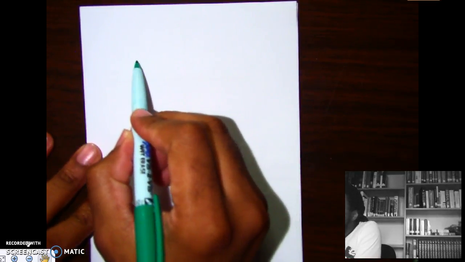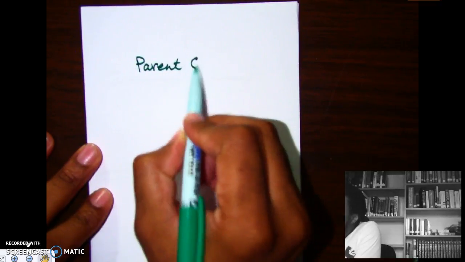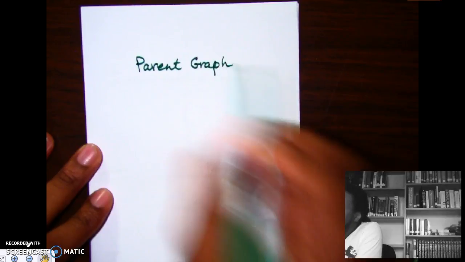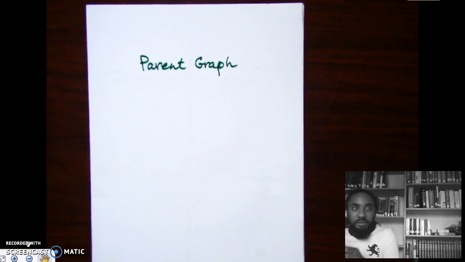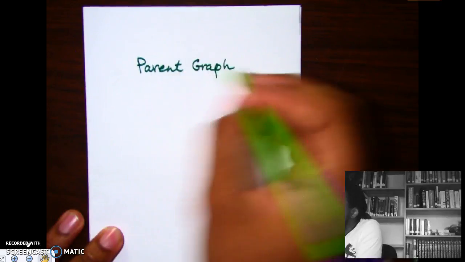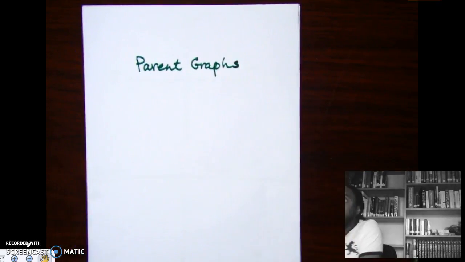The first thing we're going to do on this is write down another definition. So we're going to have parent graphs here, and I'm going to write this in pencil. With this one, this is my personal definition. This is not the definition that you find in a book or anything.